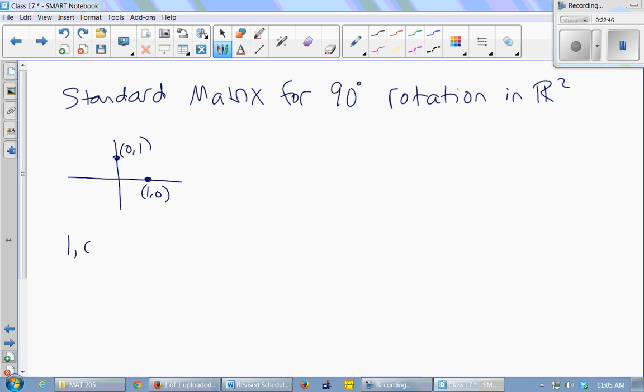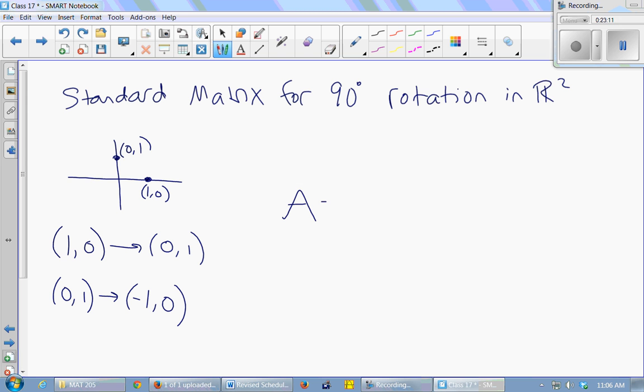Okay, so 1, 0, when you rotate it 90 degrees about the origin, where does it go? 0, 1. And then look at E2, 0, 1, rotate it 90 degrees about the origin, where does it go? -1, 0. These resulting points form the columns of your standard matrix. So my standard matrix for this rotation is 0, 1, -1, 0.